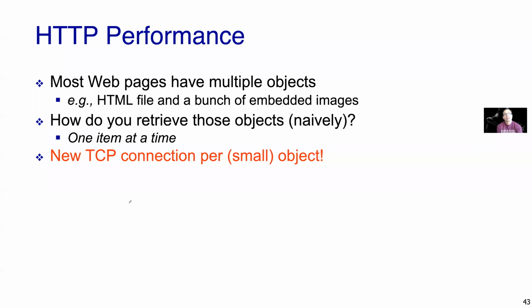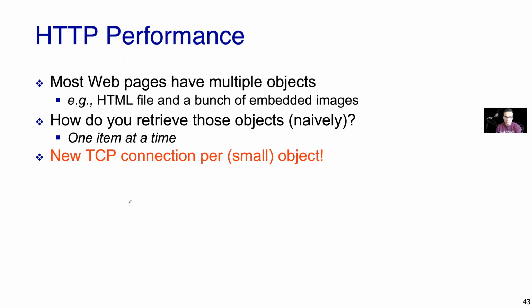So as we saw already, a web page has multiple objects, right? So you have the base HTML file and then a bunch of images, JavaScripts, PHP scripts, you name it, CSS files, all that, right? So how do you retrieve all those objects? Well, a very naive way to do that is to fetch these objects one at a time.